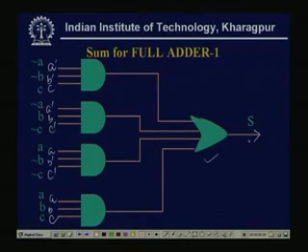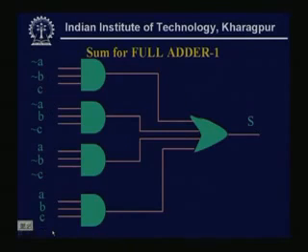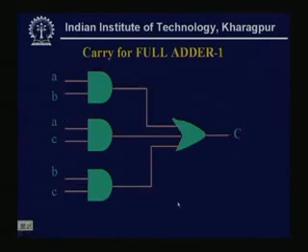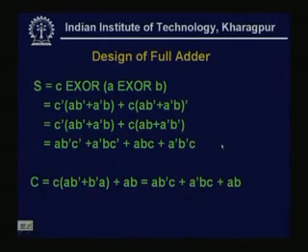So, this gives the sum. Now the carry will be simple, A B plus B C plus C A: 3 two-input AND gates and 1 three-input OR gate will give the carry.